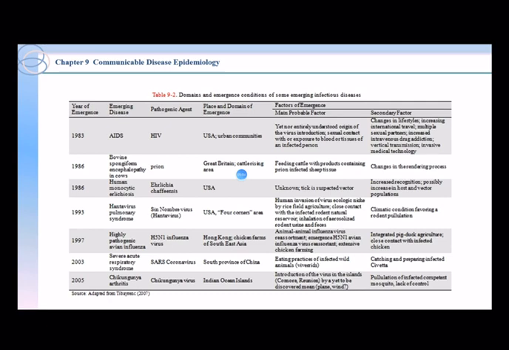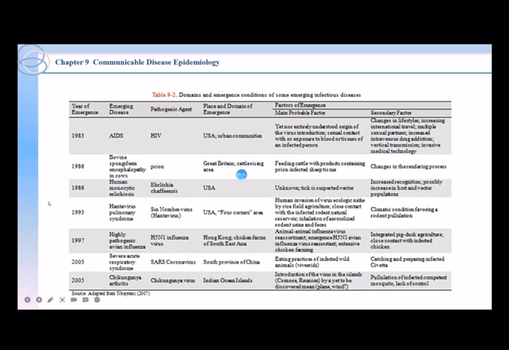This table 9.2 describes the domains and emergence conditions of some emerging infectious disease. As we can see here, AIDS was first reported in 1983. But in fact, AIDS is believed to have originated from Africa.